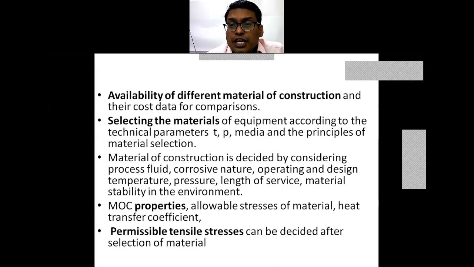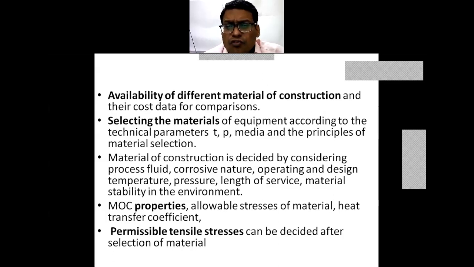Then selecting the material of equipment, that is, the material of construction according to the technical parameters, that is your temperature, pressure, and the process material, which is nothing but the media, and the principles of material selection.